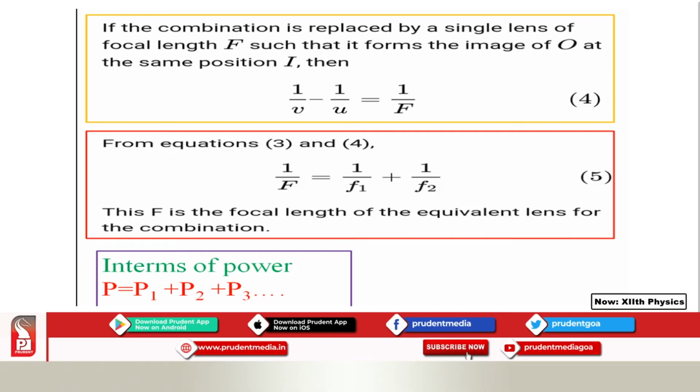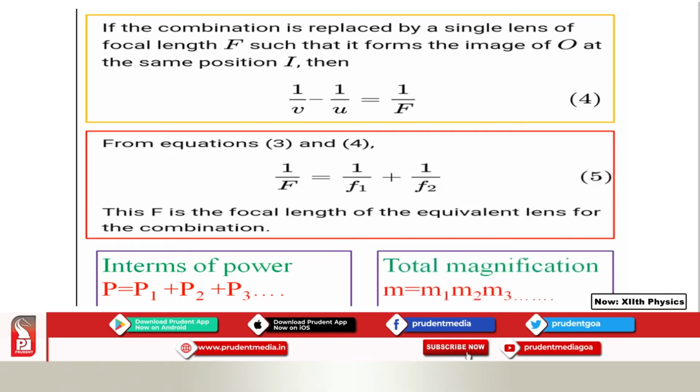That will give me the total power. What about the magnification? Magnification is the multiplication of each magnification. So, have you all seen, once we have a different combination, I can just add up the powers to get the total, and I can multiply all the magnifications to get the total magnification.